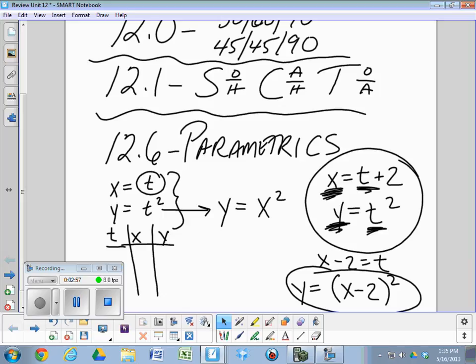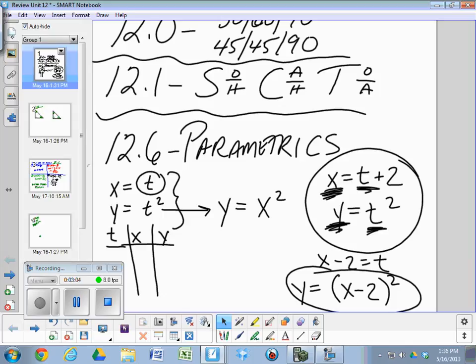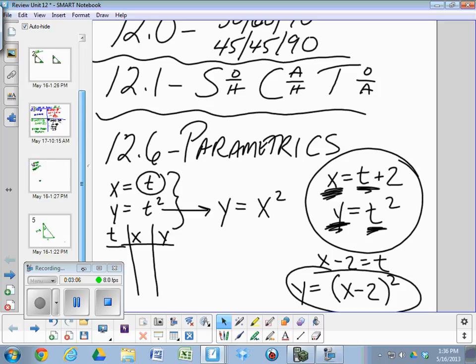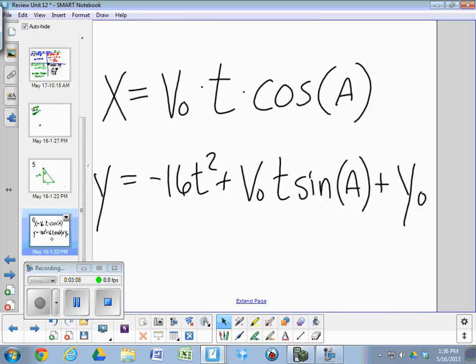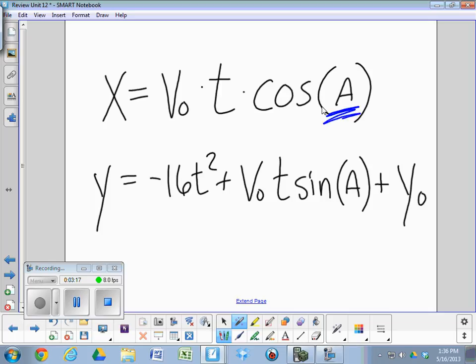The other type of parametric equations focused on the launch of projectiles, with these formulas, which showed you a certain velocity and its position or its distance at any moment in time.